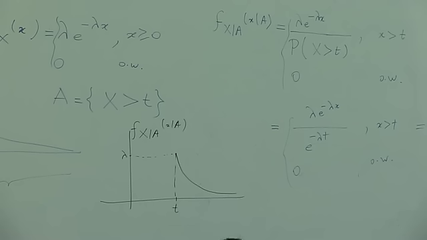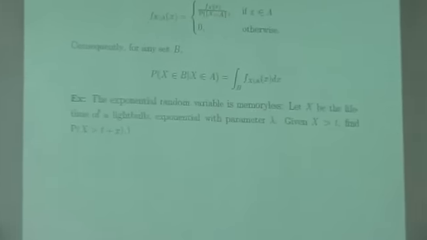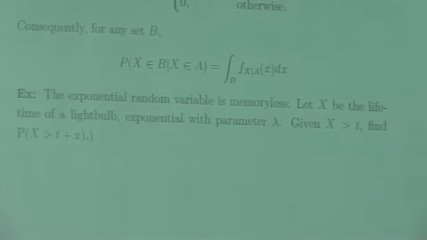This is a very remarkable property. It's called the memorylessness property of the exponential random variable. The exponential random variable is memoryless. This means that given that it's bigger than t, its PDF at x plus t is exactly equal to the PDF of an exponential evaluated at x.